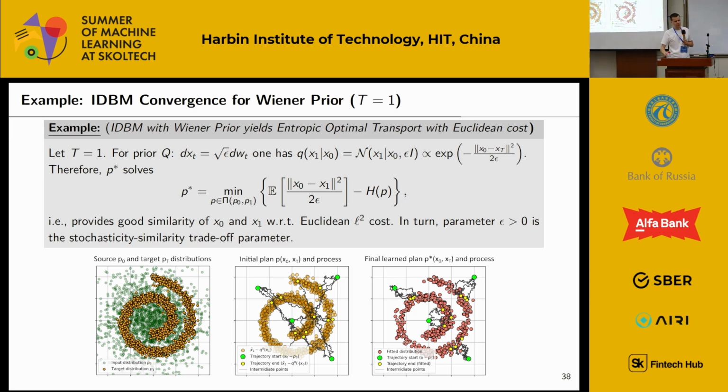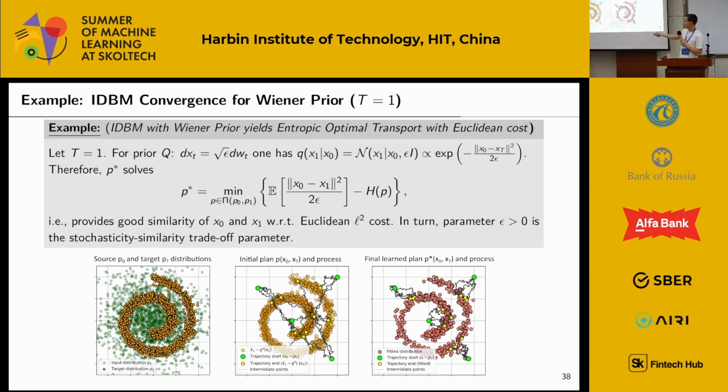I will not stop on this too much, but the main idea, up to some details, is that this iterative procedure learns a particular transformation of one distribution to the other in which the similarity of input point and the end point is the maximal in a certain sense.